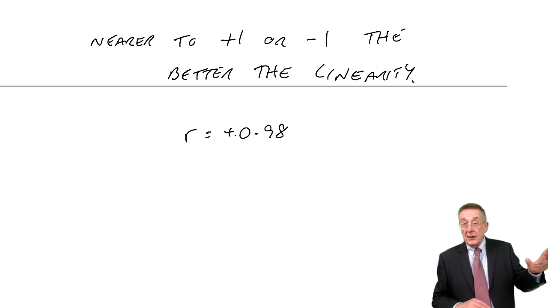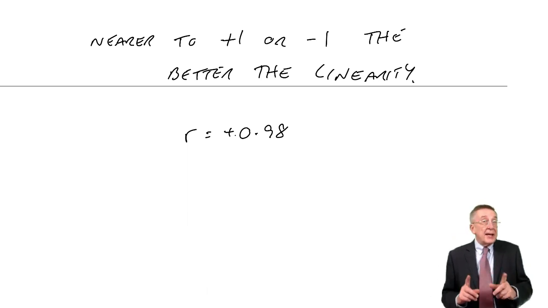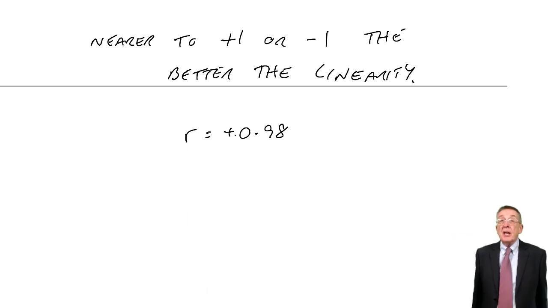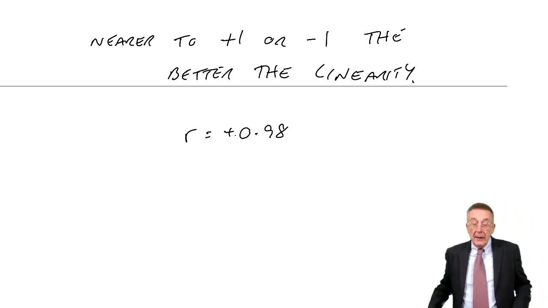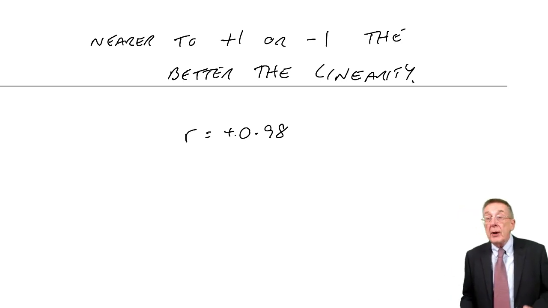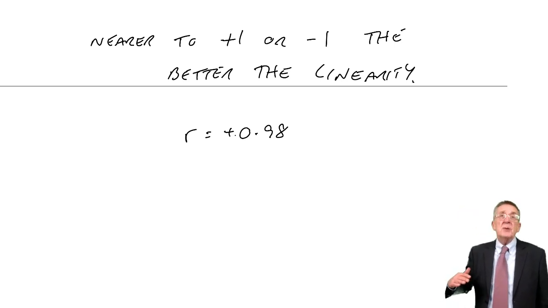More units, more cost. Secondly, it's not 1, and so we do know that they're not exactly on a line. However, it is fairly close to 1 at 0.98. And so if we did put them on a graph, we would find that it was nearly a line, even though it's not perfect.